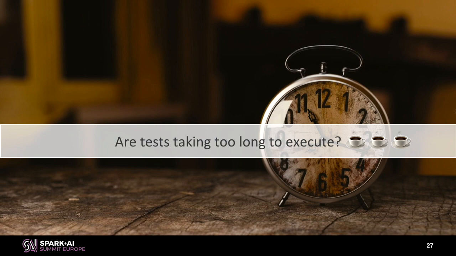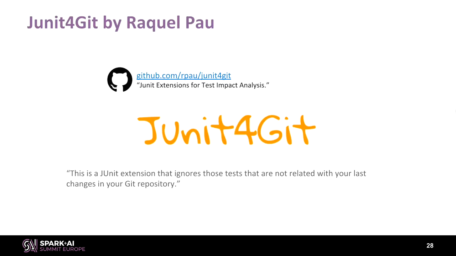So how do we reduce the test execution? Just by using GUnit for Git. I don't know if anyone is familiar with that library. It was developed by one of our colleagues from Schibsted, Raquel Pau. It's a really great extension for JUnit. What it does, it's an agent, and it checks for each test which classes it is loading.